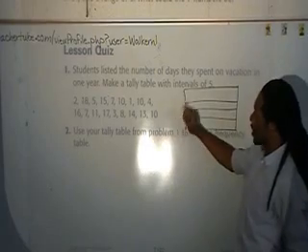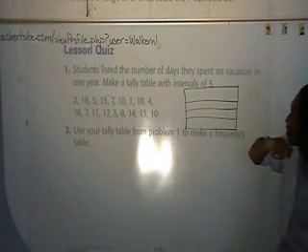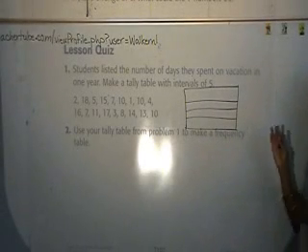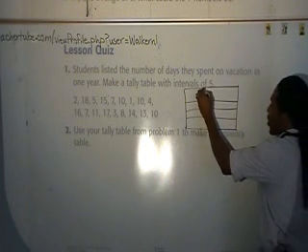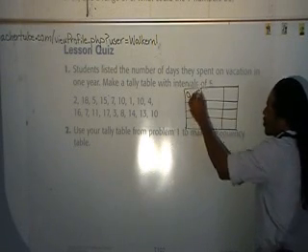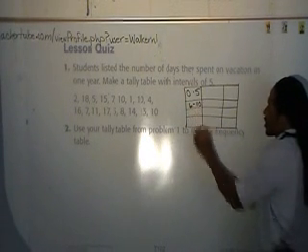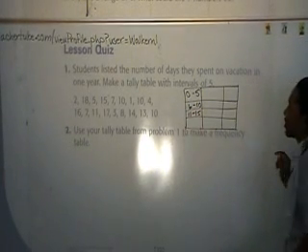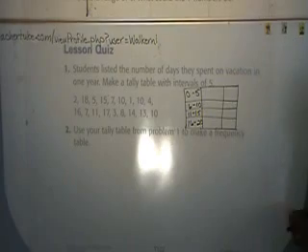Our highest value is 18. So we need to cover everything from 1 to 18 in intervals of 5. What we'll do here is say 0 to 5 will be the first interval. 6 to 10, 11 to 15, and 16 to 20.